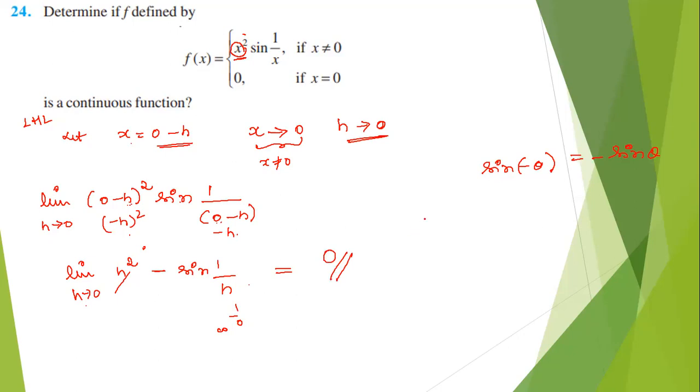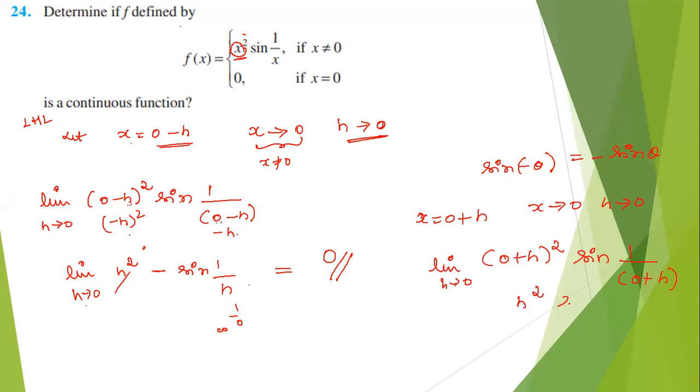Even if you take the right hand limit, what you get? x is equal to 0 plus h, and it will tend to 0 if h tends to 0. So limit h tending to 0, (0 plus h) the whole square, sine of 1 by (0 plus h). This will be h square into sine 1 by h.